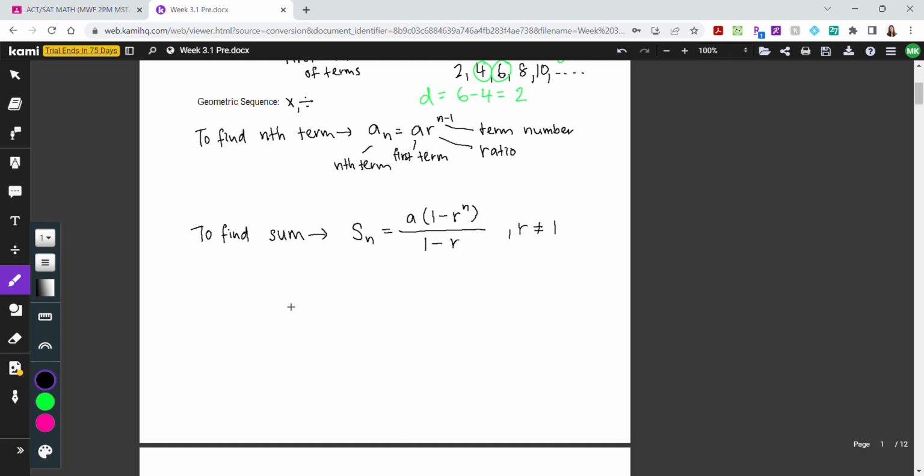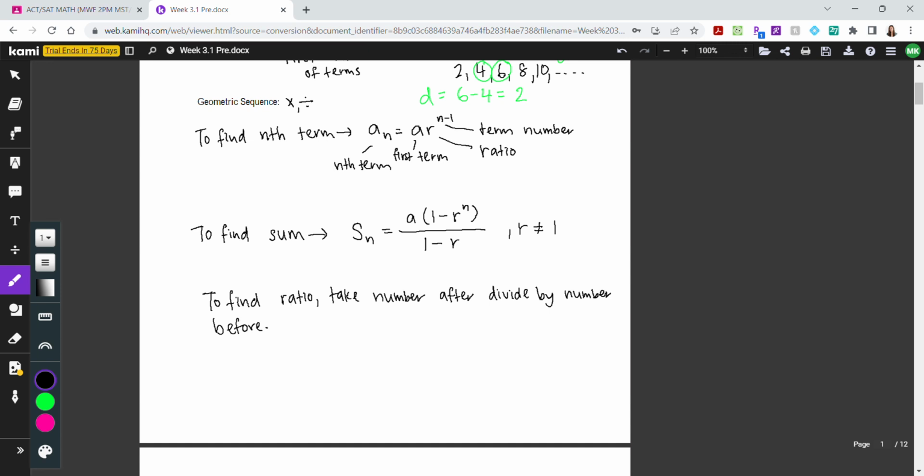Now, to find the ratio, what you would need to do is take the number after and divide it by the number before.